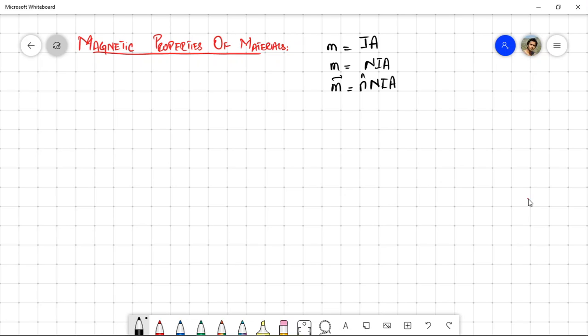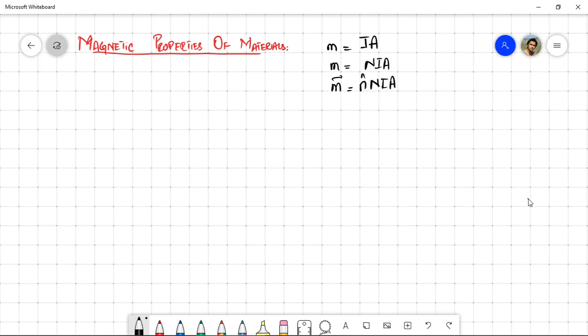This n hat shows us the direction which is perpendicular to the plane of the loop, or perpendicular to the area. The direction of this magnetic moment is normal to the plane of the loop, given by the right hand rule.